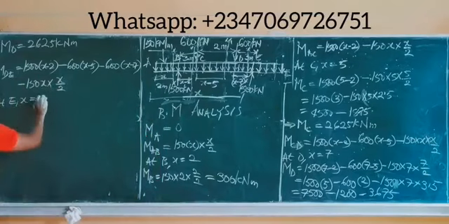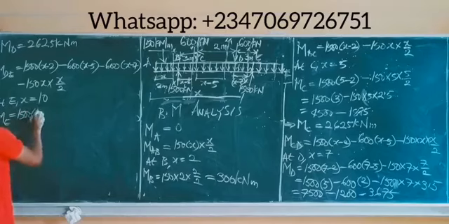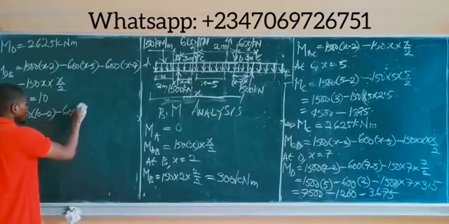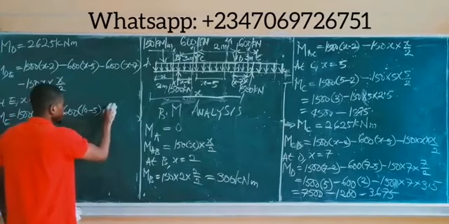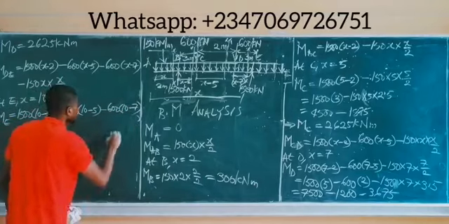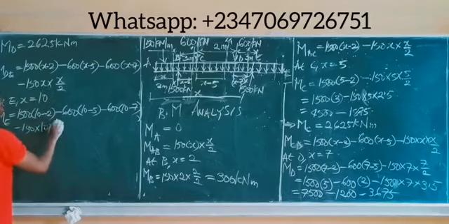So x equals 10. Therefore, the moment at point E equals 1,500 into 10 minus 2, minus 600 into 10 minus 5, minus 600 into 10 minus 7, minus 150 multiplied by, in place of x you have 10, multiplied by 10 over 2.